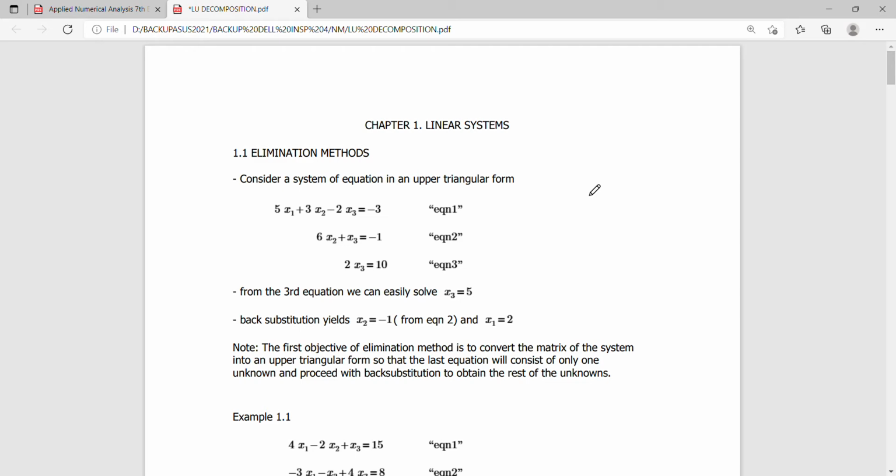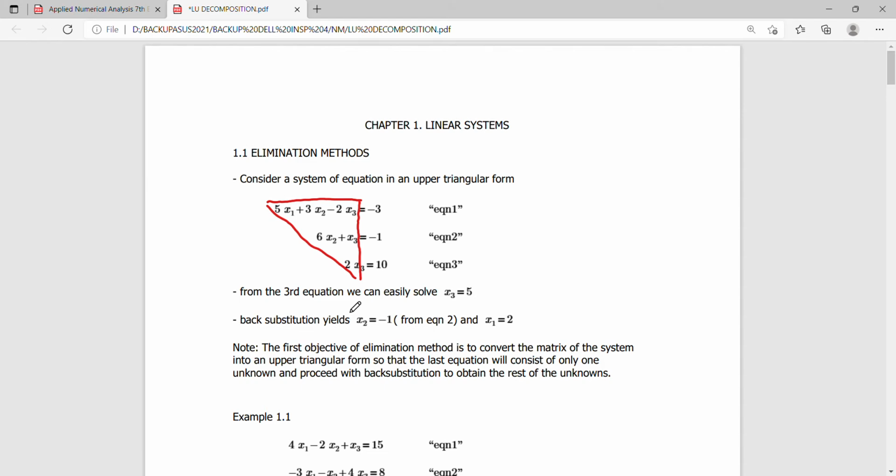So if we consider a system of equations in an upper triangular form, meaning that if we look at this system of equations, we actually form an upper triangle, and basically this upper triangular system is easily solved by simply starting from the last equation.